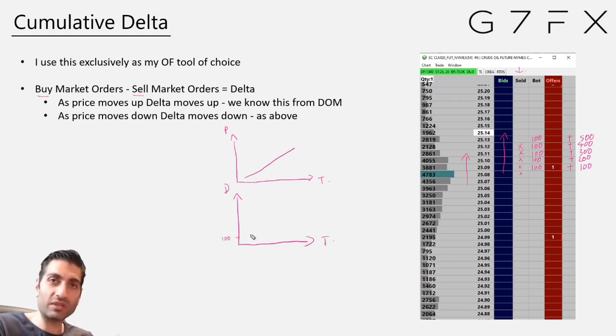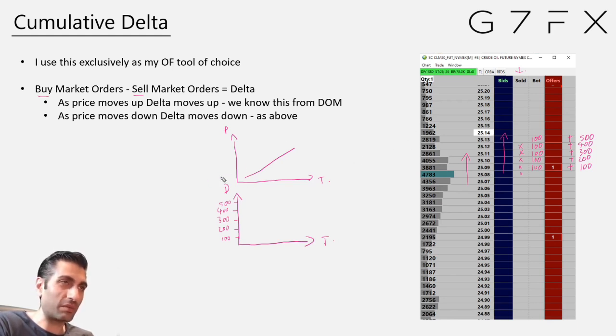So delta's moving with the market, right? That's what happens. When the price moves up, market orders are printing up. Price moves down, market orders are printing down. That's all that's happening. So this can be 100, 200, 300, 400, 500, and obviously we can see the price here, from 2508 to 2513.